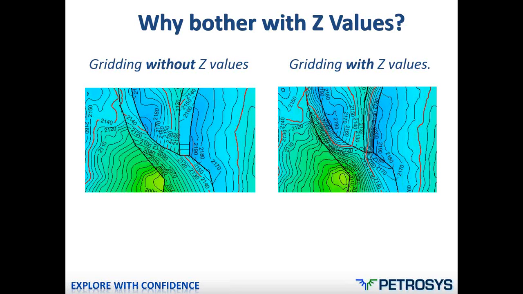Gridding with z values on the faults helps to eliminate this mismatch, and there is a very good tie between the horizon and the fault. So as you can see over here, this contour now matches at the fault intersection with the horizon.